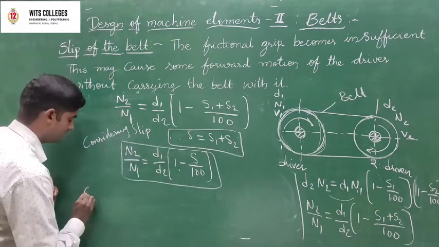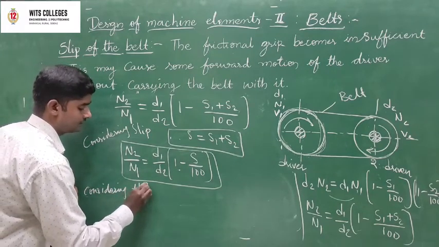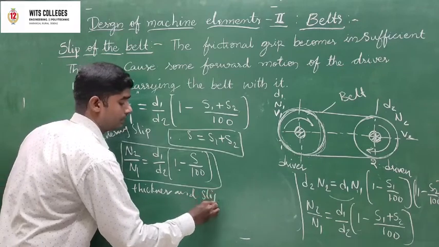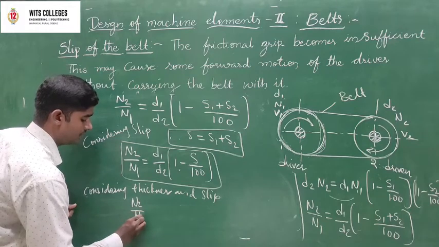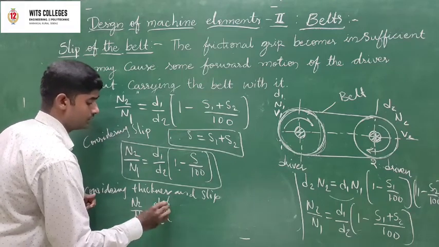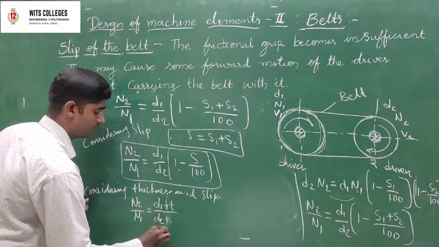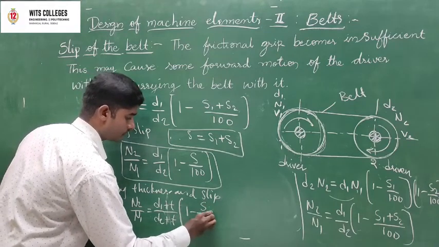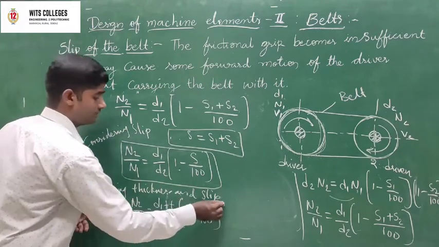With total slip and considering thickness, the velocity ratio N2 by N1 is equal to D1 plus t by D2 plus t into 1 minus S by 100.